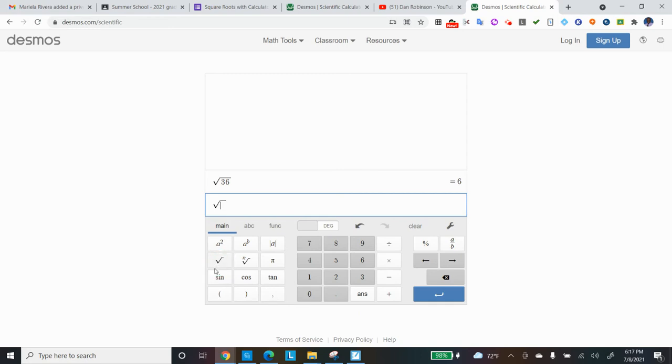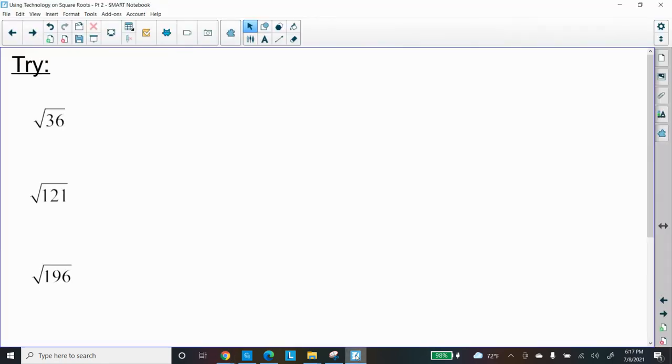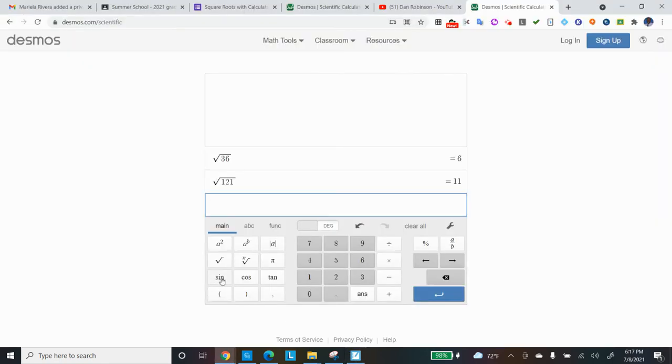So type square root button, then type 121, and just press the enter button, and you have 11. And we had one more underneath that, square root of 196. So square root 196, press enter, and your answer is 14. So that's how you use the square root button.